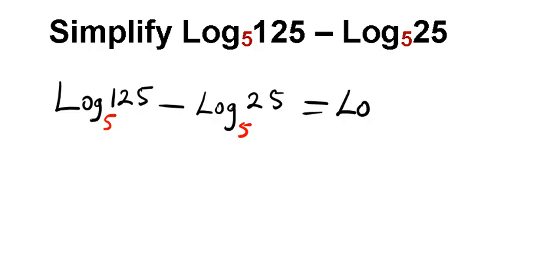logarithm to base 5, then 125 divided by 25. So whenever two logarithms are subtracting each other and they have the same base, it's going to be division.